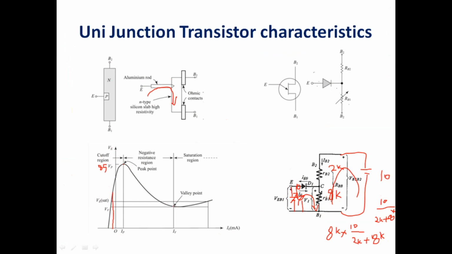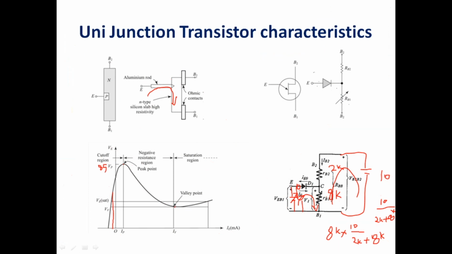Later, if you apply more and more voltage to this emitter base 1 terminal, the current will increase, just like diode forward characteristics. The resistance of this layer from here onwards remains constant, which is why it is the saturation region. The resistance has saturated, in the sense that it will not reduce further.